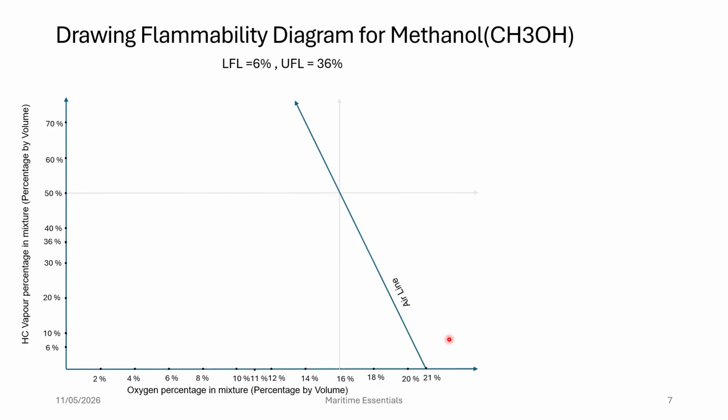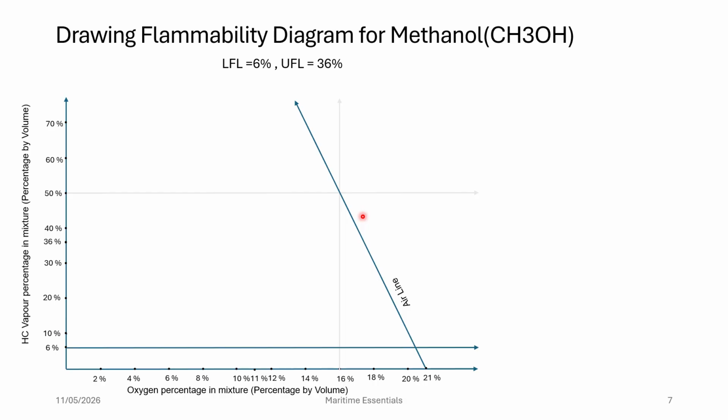When there was no hydrocarbon, there should be 21% oxygen. Now there is some hydrocarbon, 50% of the tank volume, and we have already seen that we have 16% oxygen of the tank volume. And we got an ER line.